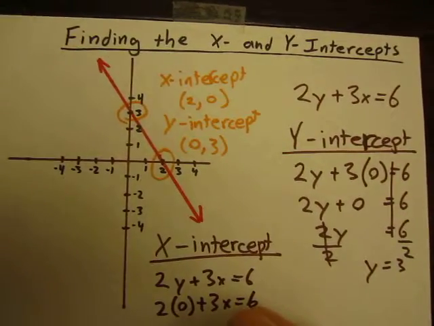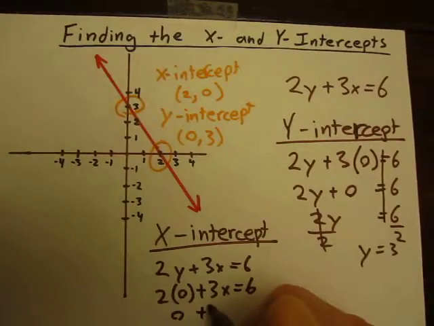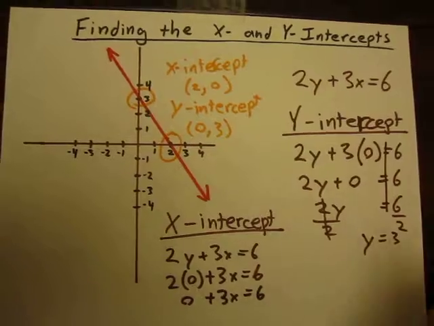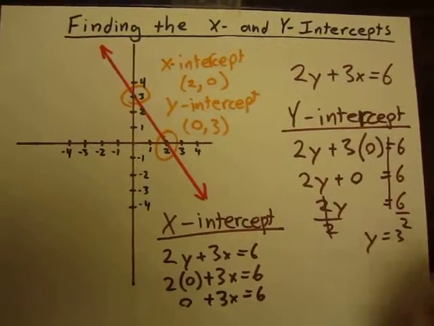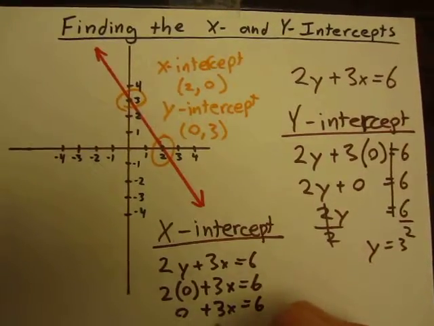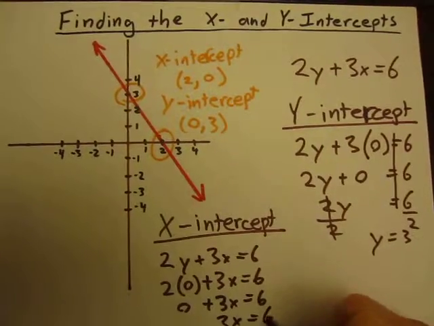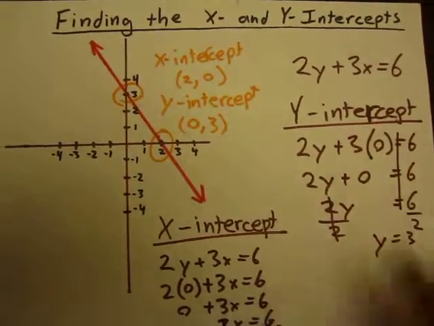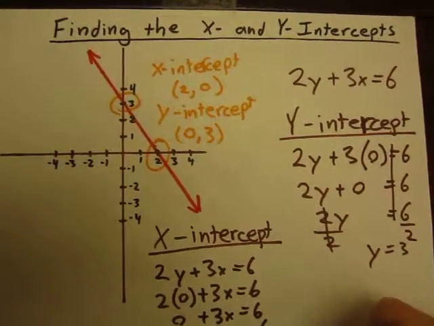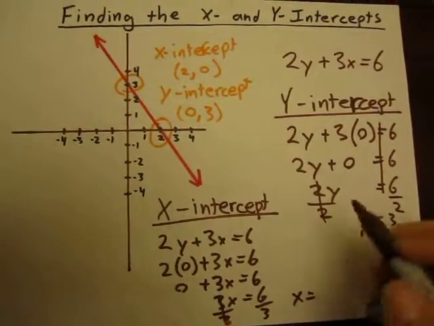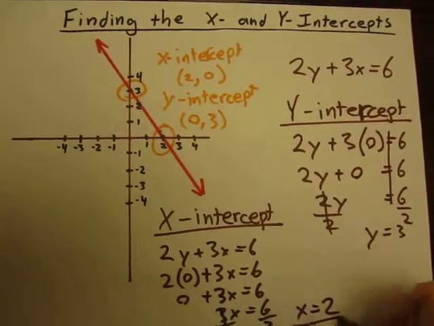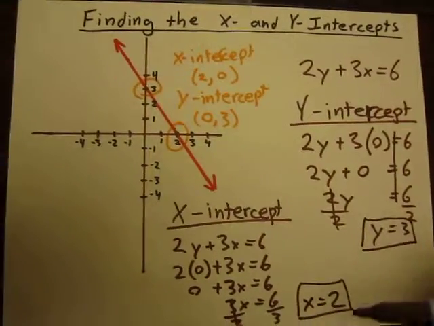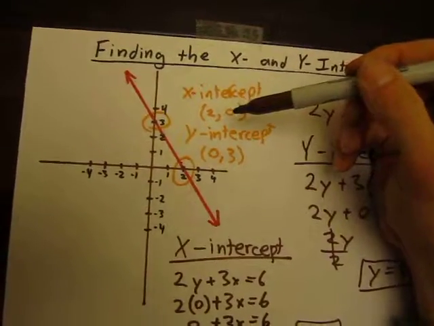Now this cancels out. We have 0 plus 3x equals 6, which is 3x equals 6. So all we have to do is divide both sides by 3, and we're left with x equals 2. And again, notice this is what we got up here.